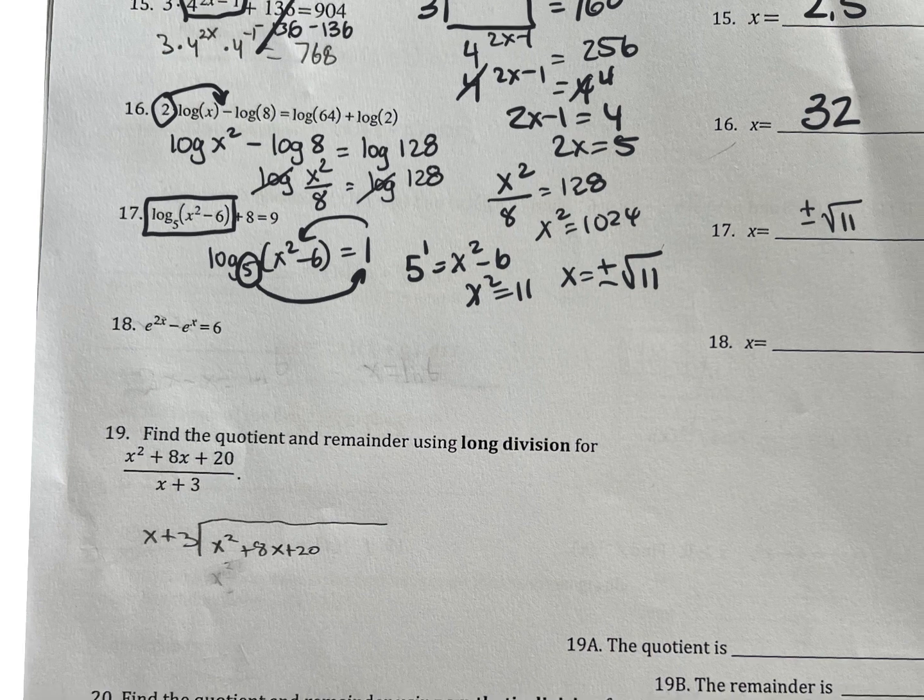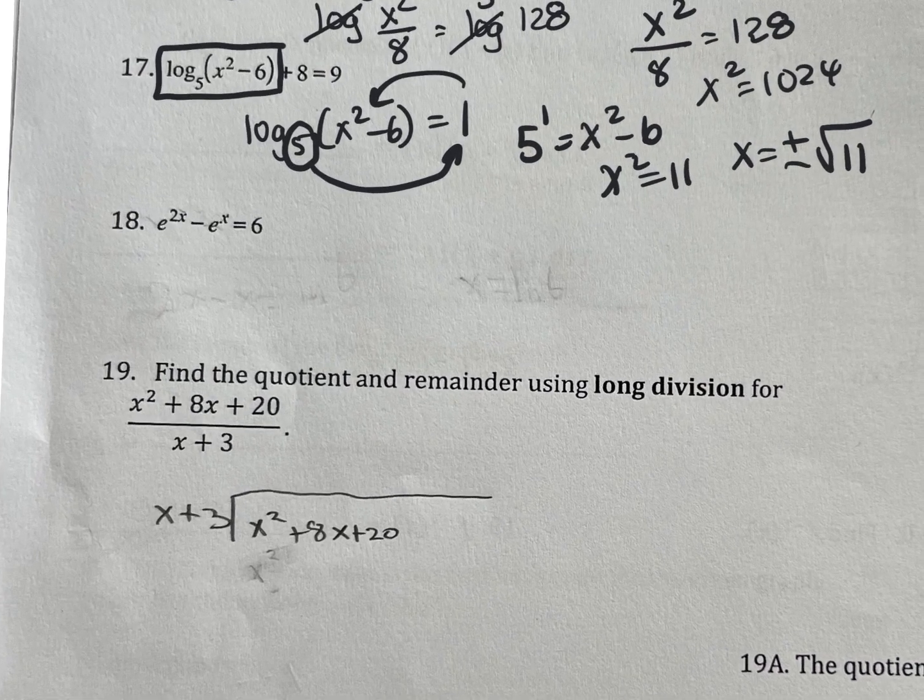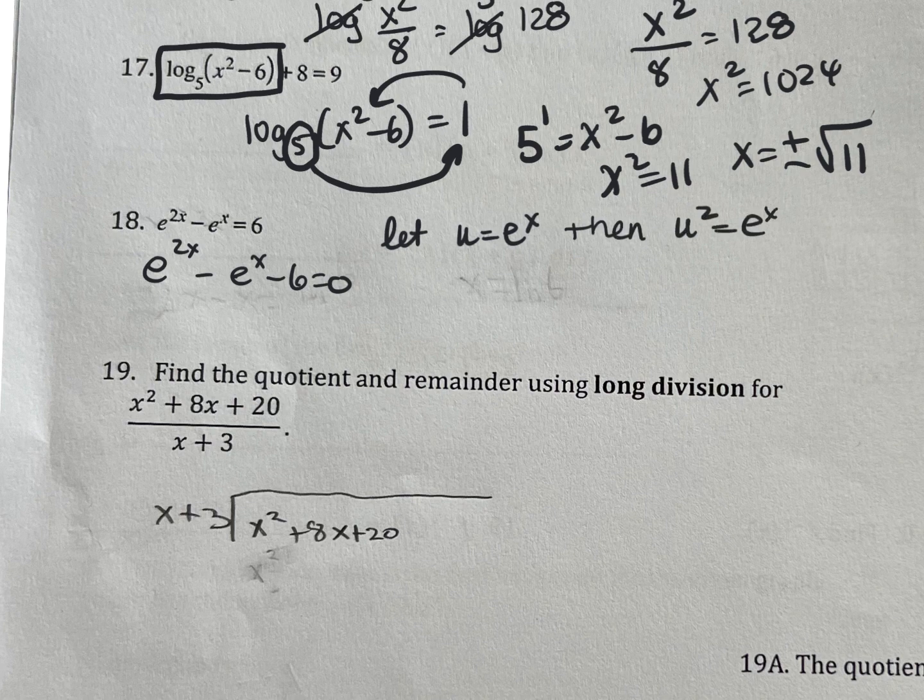All right. And this guy is a quadratic type. So take a look at this funny little guy. Let u equal e to the x. Then u squared equals e to the x squared, which is e to the 2x.